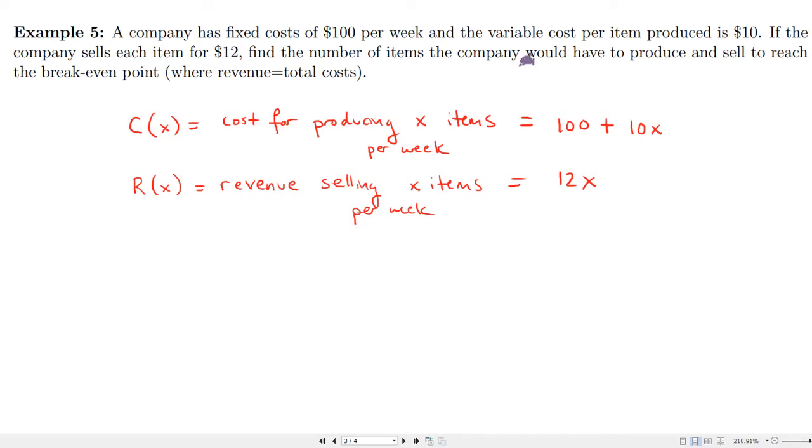And so the question is, well, how many items need to be sold to reach the break-even point? So break-even point is where these two would be equal. So we'll just set them equal to each other.